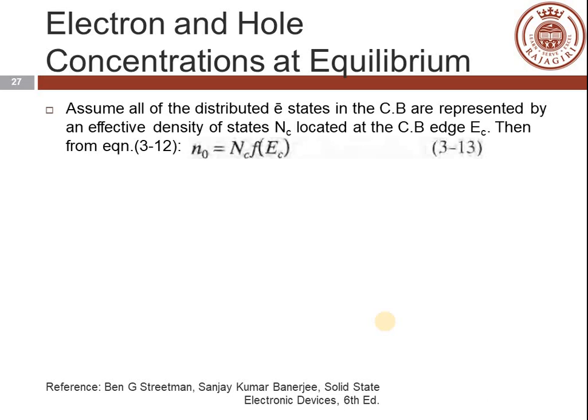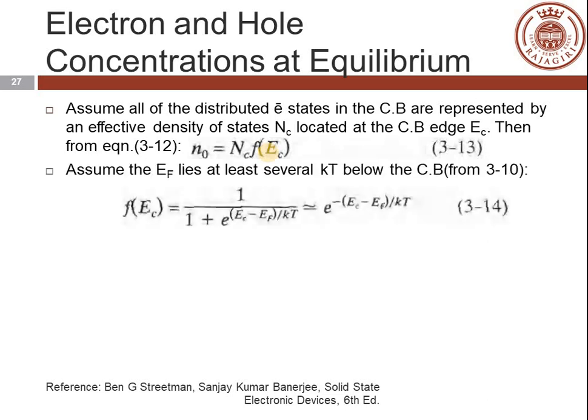Then the equation can be modified as n0 is equal to Nc into f of Ec. We have removed that integral and we have assumed that all states are near to the lowest most conduction band Ec. Just modify the previous equation.